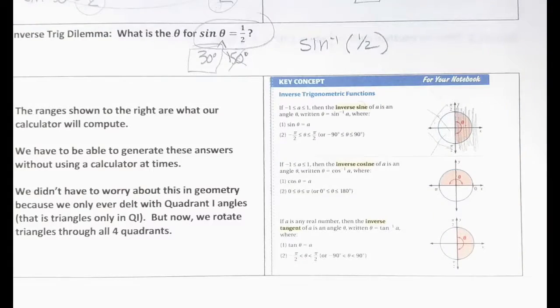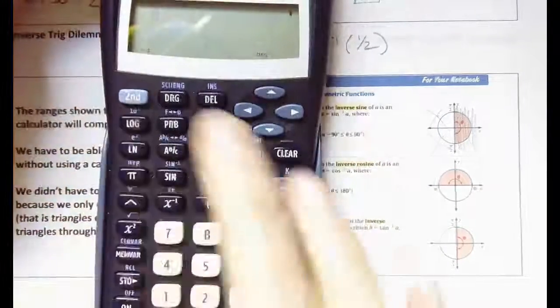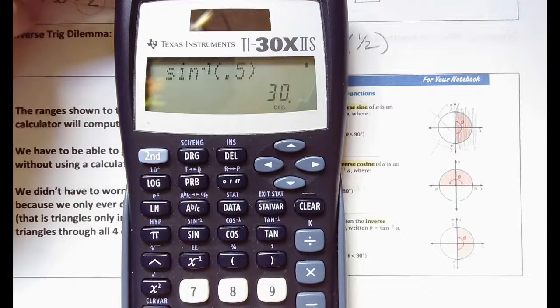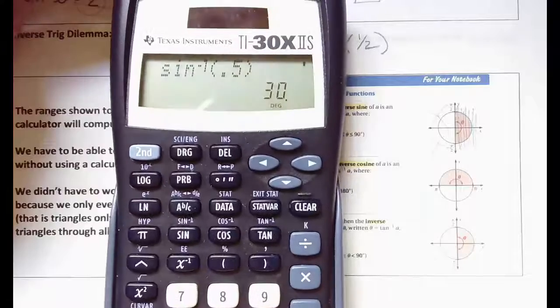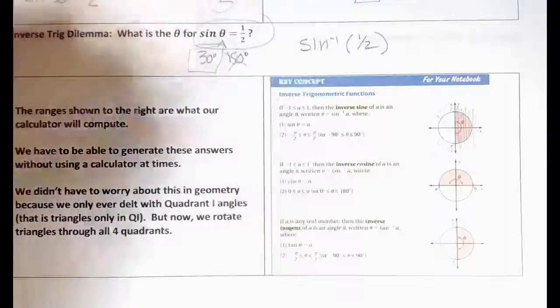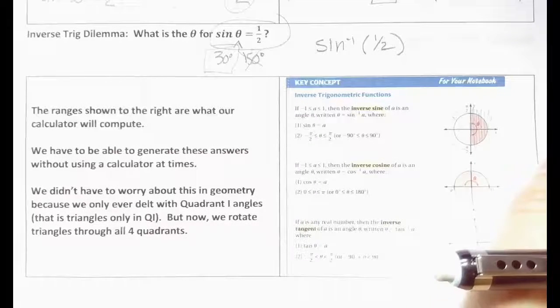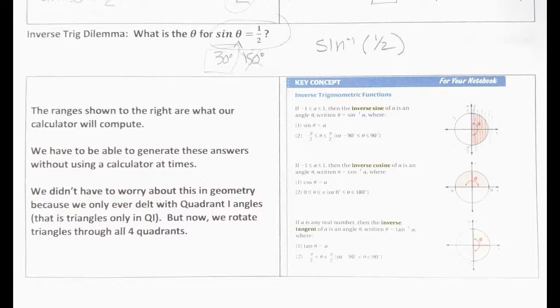If I plug it in, second function sine of 1/2, like a 0.5, that gives me that 30-degree angle. It doesn't give me the 150. Now, we're going to have to be able to do this without a calculator at times, whenever we're doing our actual triangle families that we know. So we have to learn how to do it without a calculator.